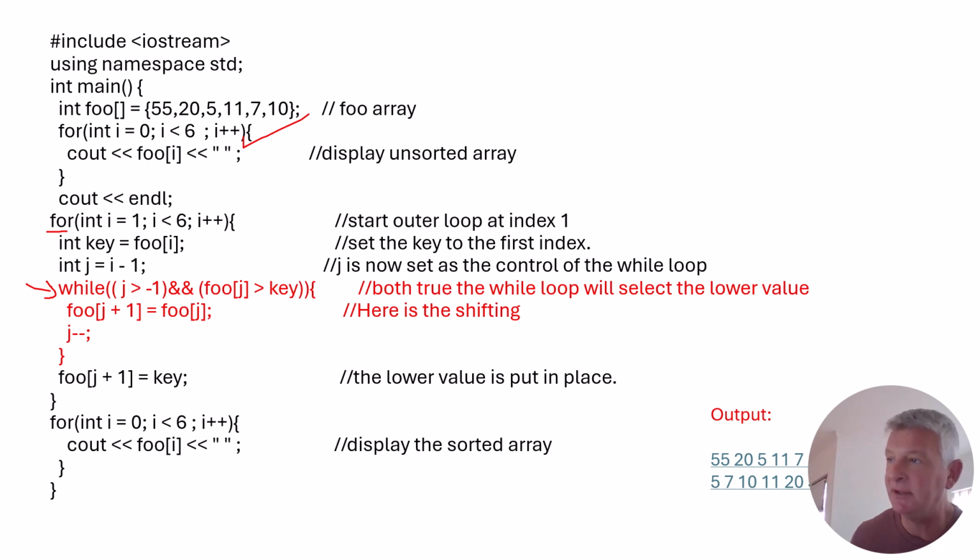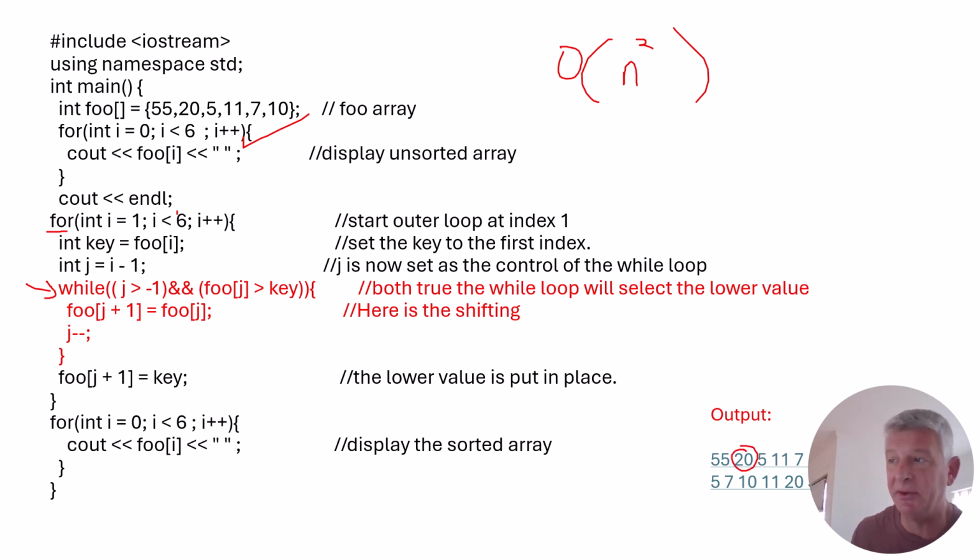So the for loop runs, the while loop runs its iteration, the for loop comes back and runs again. N times n. It's inside of the loop, n squared. Okay? This loop is inside of this loop. So here we do. Key is going to start at foo at i. Well, i is 1, so key is going to start here on 20.